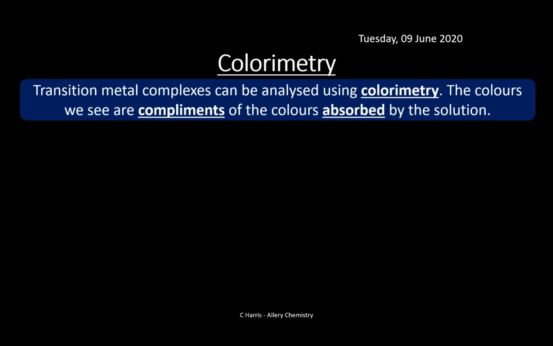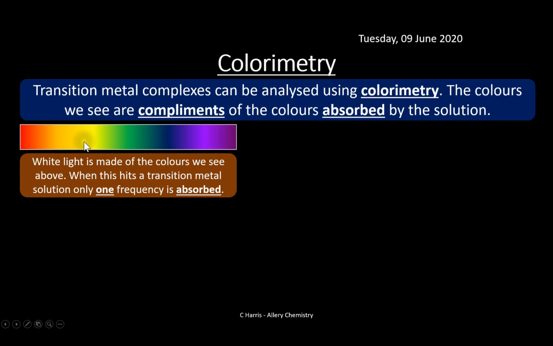So remember, the colors that we observe are complements of the colors that are absorbed by the actual transition metal. So remember, your white light is made up of all these colors here, okay? And so when that white light hits a transition metal, only one frequency in the spectrum is actually absorbed.